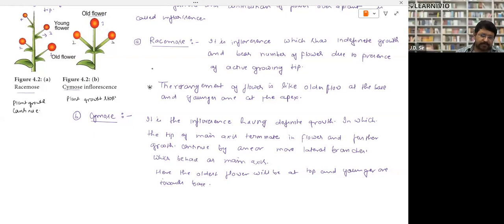Cymose is the inflorescence having definite growth, in which the tip of the main axis terminates into a flower and further growth continues by one or more lateral branches. So branches will go, the top will not grow, right? Branches behave as a main axis. Here the oldest flower will be at the top and the youngest at the base.